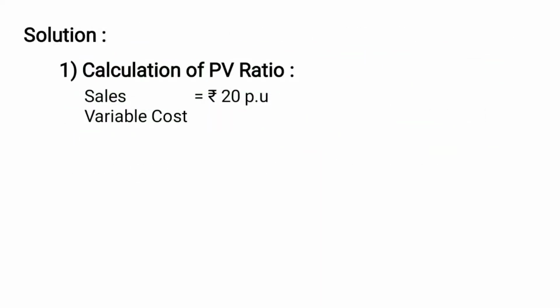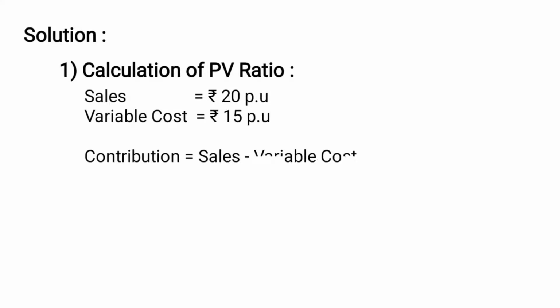So variable cost is equal to rupees 15 per unit. So contribution is equal to sales minus variable cost, which will be equal to sales, rupees 20 per unit, minus variable cost, rupees 15 per unit, which will be equal to rupees 5 per unit.